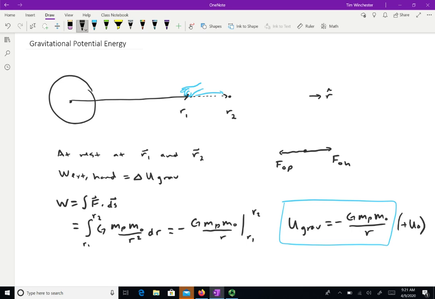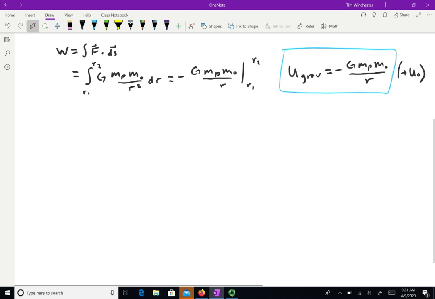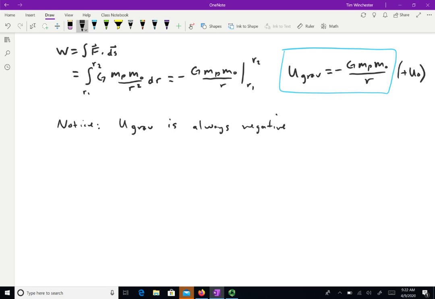Okay, so there are a few observations that I want to make about that. So first of all, notice that U grav is always negative. Okay, so how does that make sense?